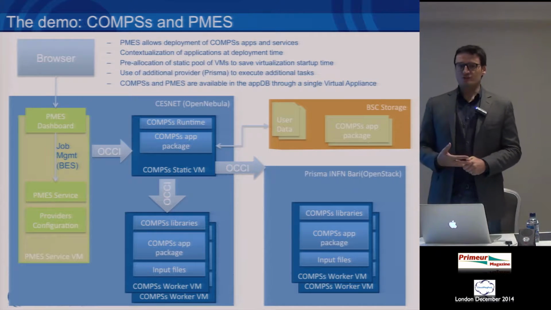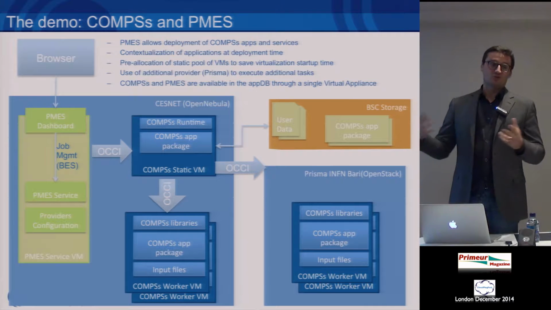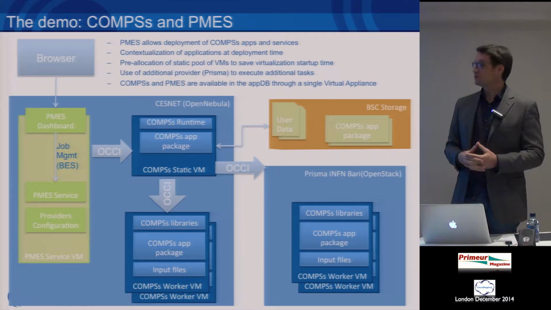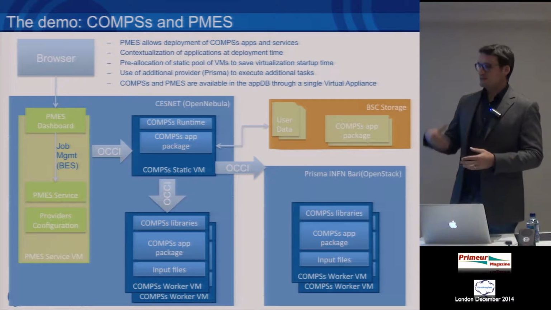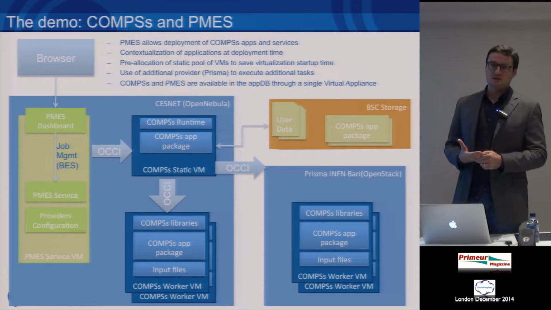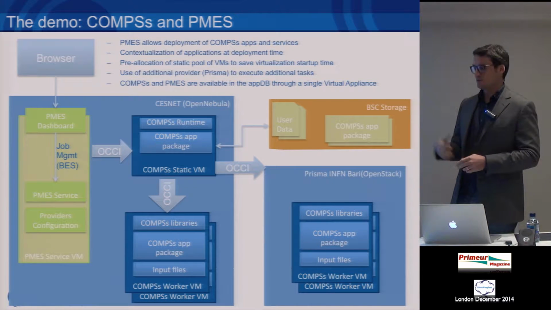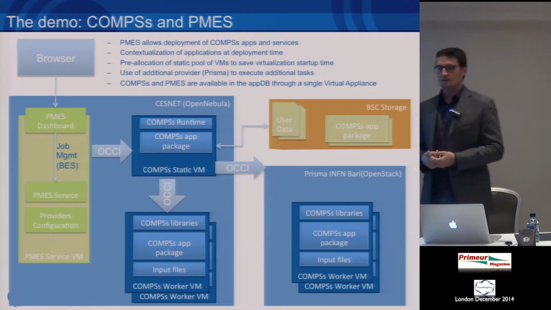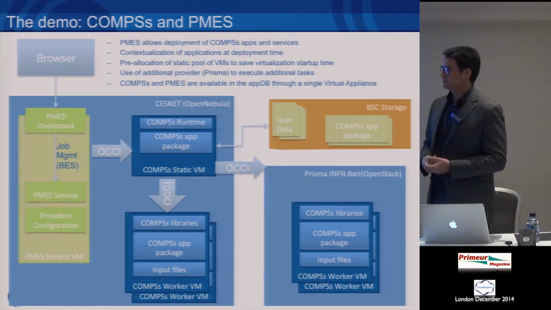So I will generate an execution graph, an embarrassingly parallel execution, and the virtual machines will be created on demand depending on the load of the application. So the runtime will detect an increasing computational load, and will deploy the virtual machines accordingly.